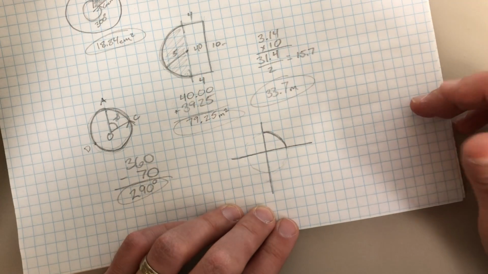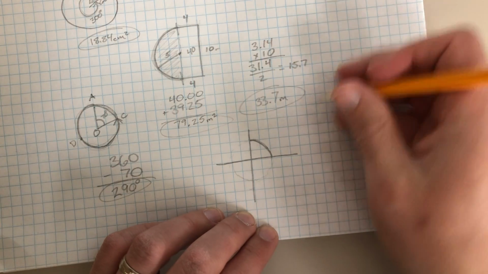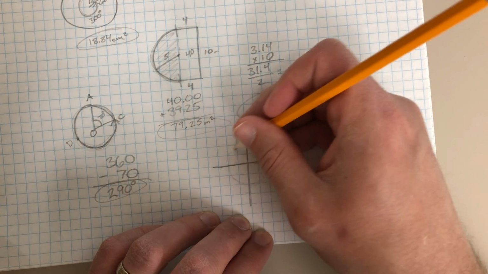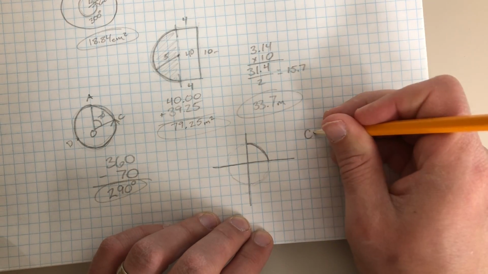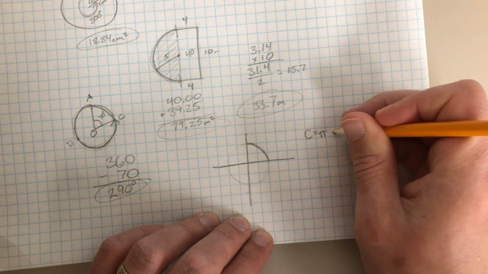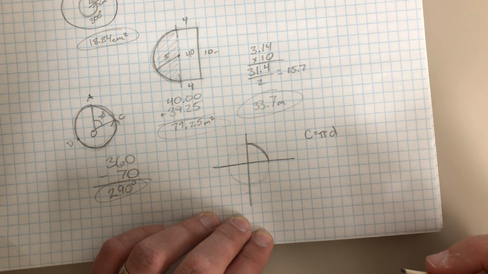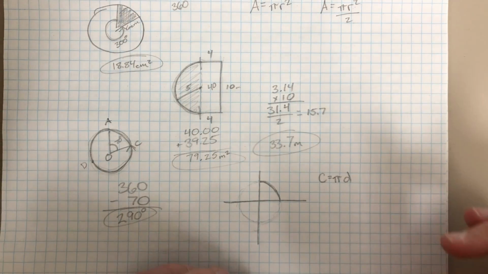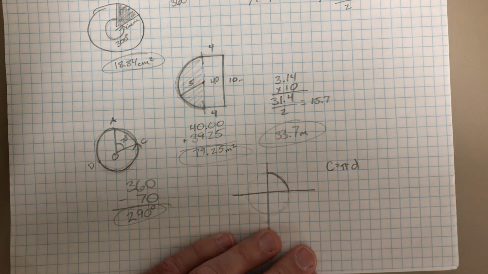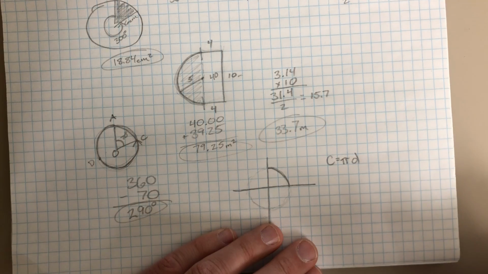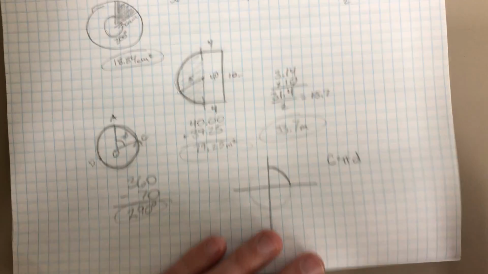Now, how do I find the length? Well, the length of the whole thing would be the circumference, and the circumference is pi times diameter. Circumference equals pi times diameter. All right? Now, if circumference is pi times diameter, I just noticed my video is the wrong direction, so we'll see if we can switch that later.